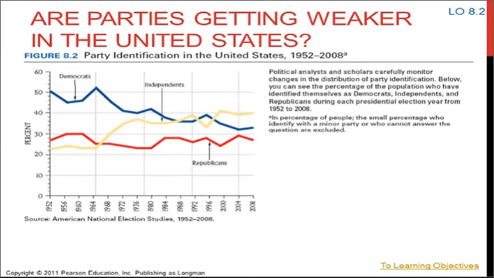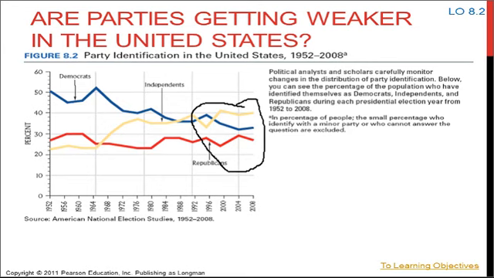Since the 1960s, political parties have grown weak. If you look at the chart, you will see that there has been a decline in membership in both the Democratic and Republican parties. As you can see right here, 2008 is pretty low compared to 1952.